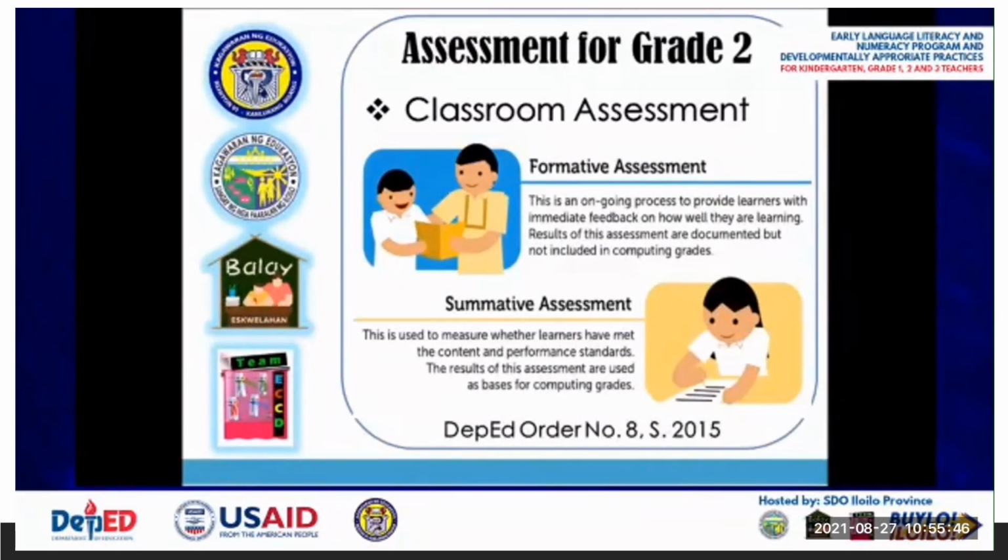Formative assessment is an ongoing process to provide learners with immediate feedback on how well they are learning. Results of these assessments are documented but not included in computing grades. Summative assessment is used to measure whether learners have met the content and performance standards. The results of these assessments are used as basis for computing grades.